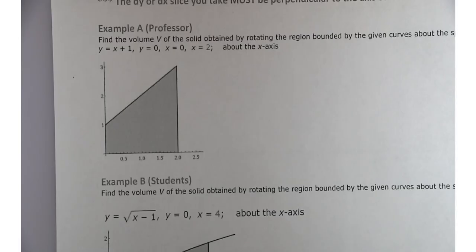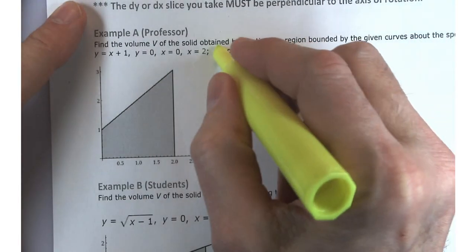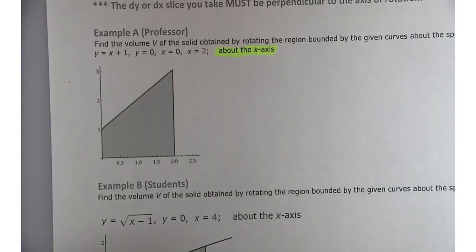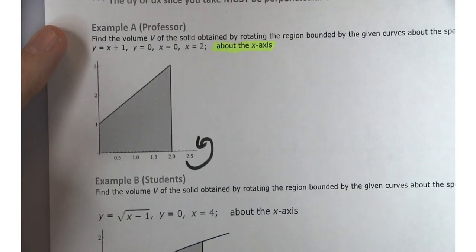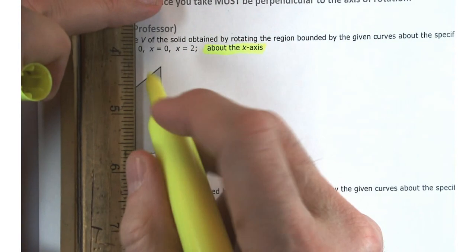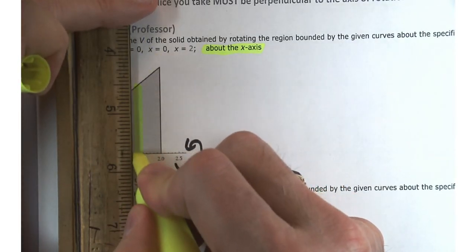Let's see here. So what we're going to do is start by rotating this, and notice that we're rotating this around the x-axis. So I'll do that. Rotate that around the x-axis, and we're going to take a slice. Let's take a slice through here and see what happens to that one slice.